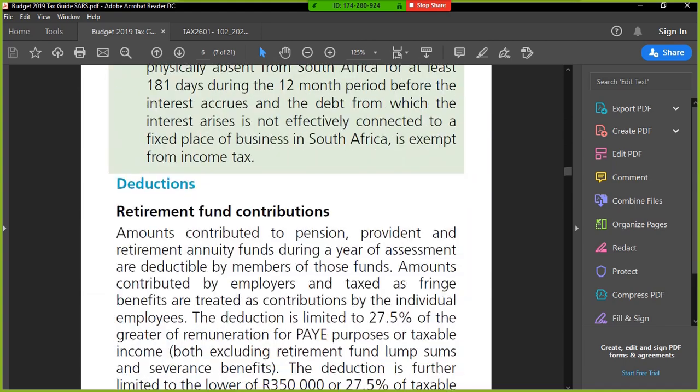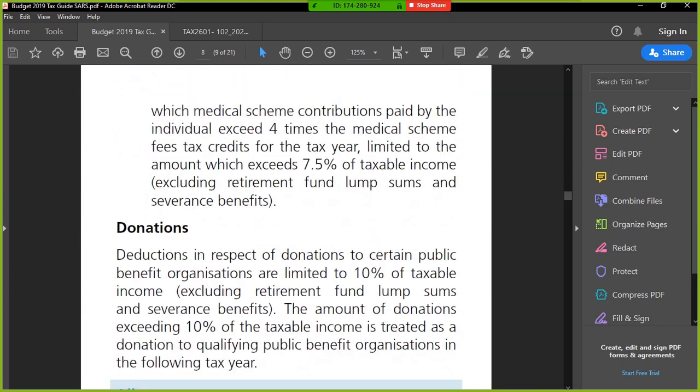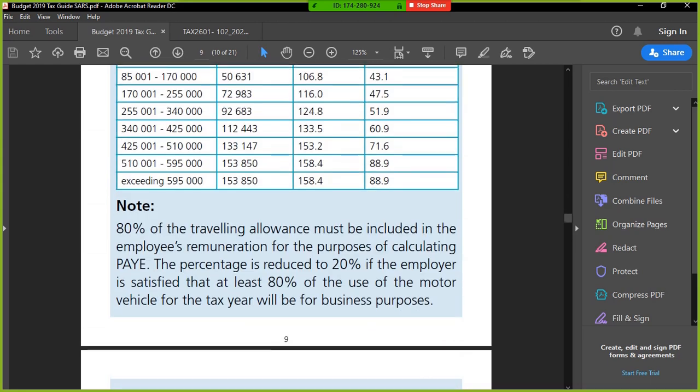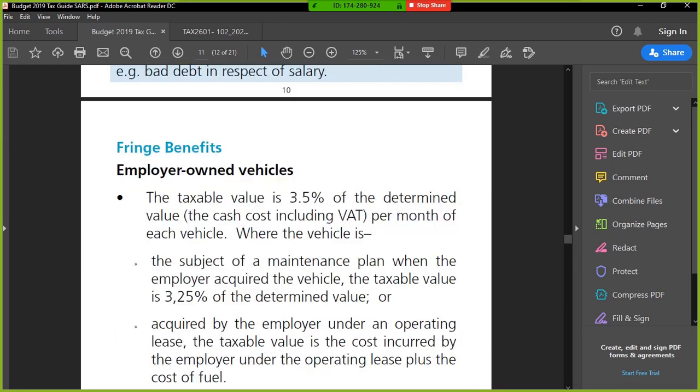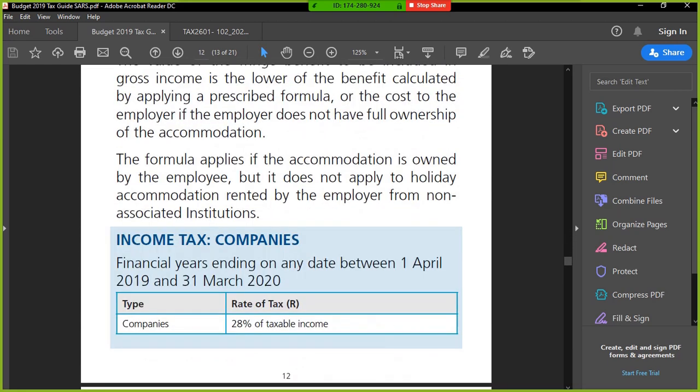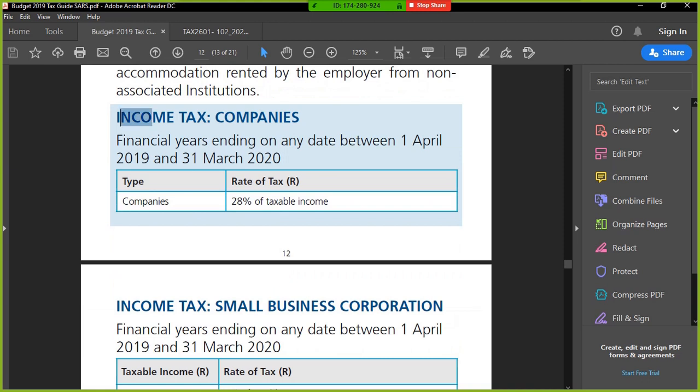And those categories outline the taxes that will be paid on the taxable income that a business is generating. Here, income tax for companies. Normal companies would have to pay 28% tax.